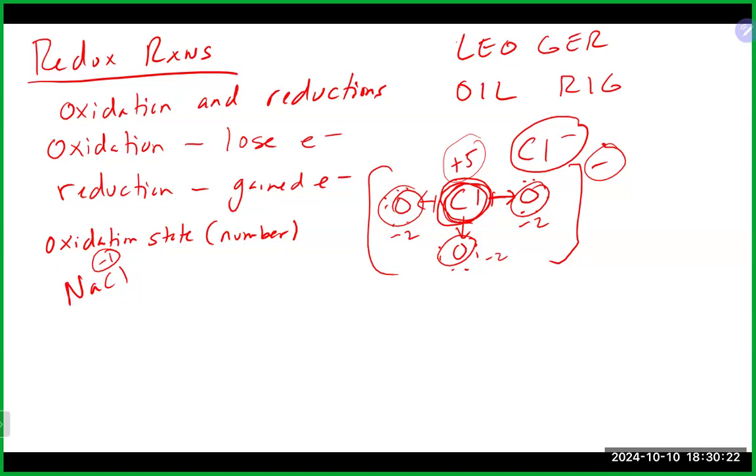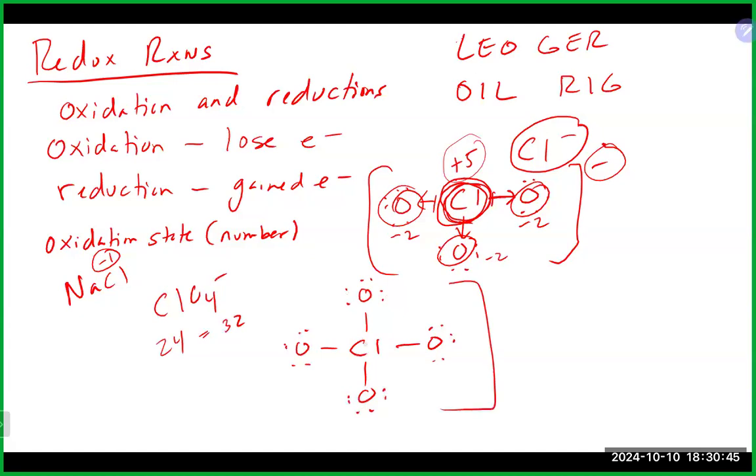That's also why, if we put ClO4 minus, which is like 24, and 7 is like 31, plus 1 is like 32 electrons, and we draw that, it will look something like this. In this case, each of these oxygens will still have a -2 oxidation state. That's now 4 oxygens, right? At -2 each, that's -8.